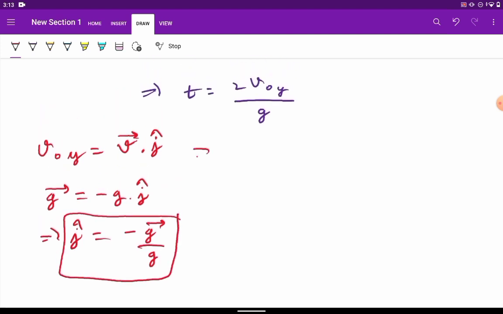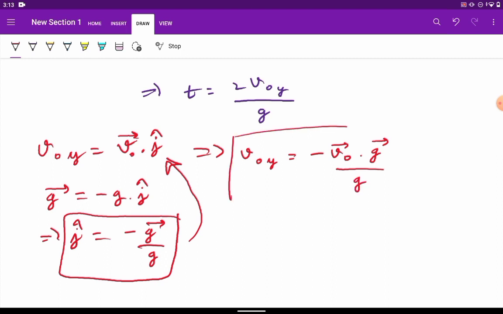We can substitute this over here, so that will give us v naught y as minus v naught dot product with g, divided by g. So this is your v naught y.